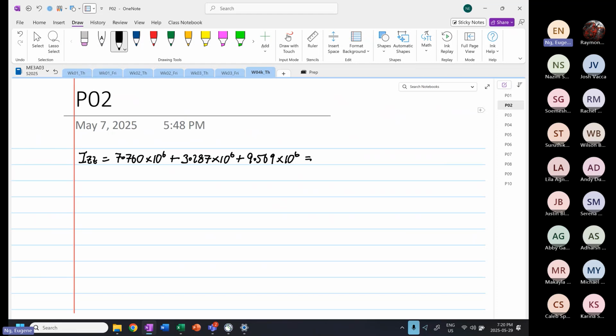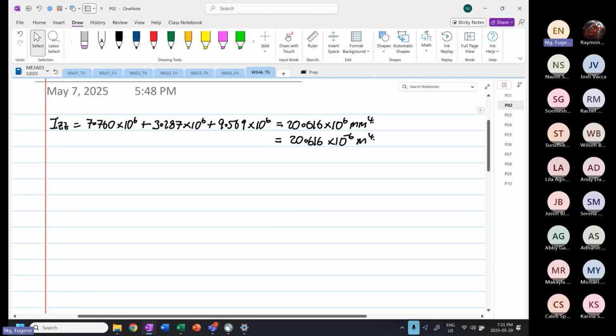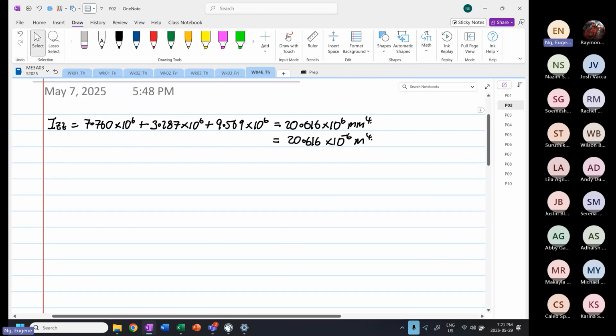So this will be equal to 20.616 times 10 to the power 6 millimeter 4, or 20.616 times 10 to the power minus 6 meter 4. Okay. So we found our IZZ.